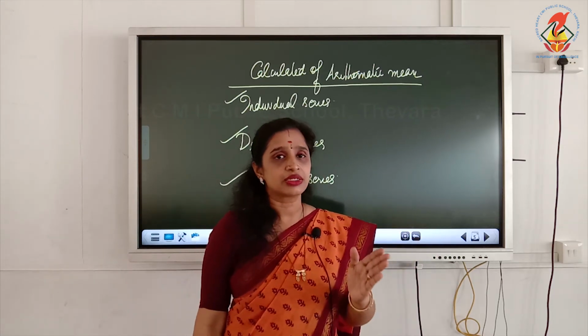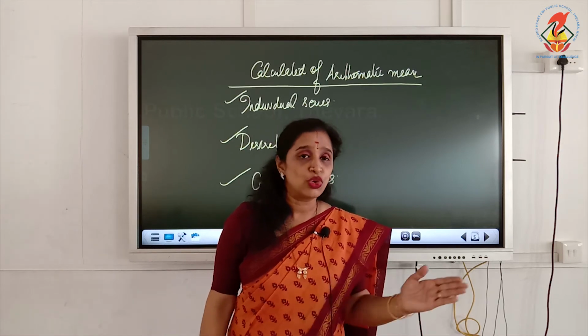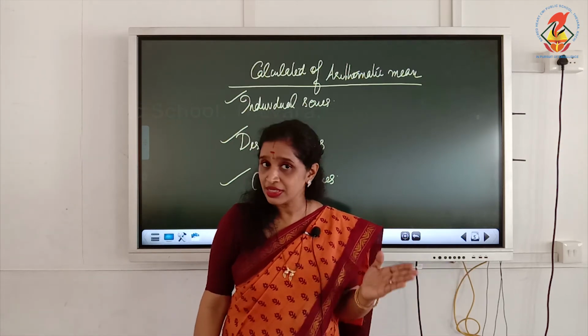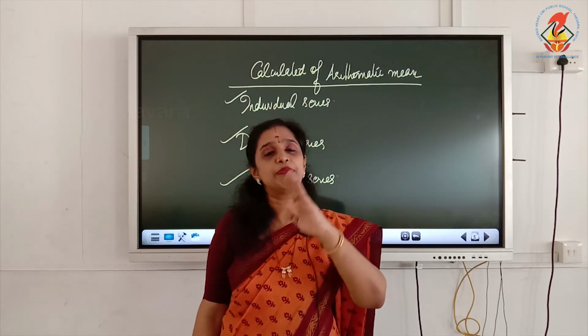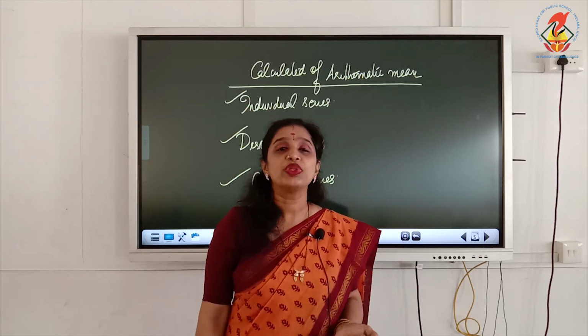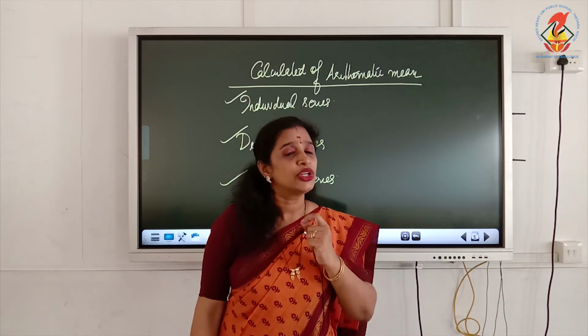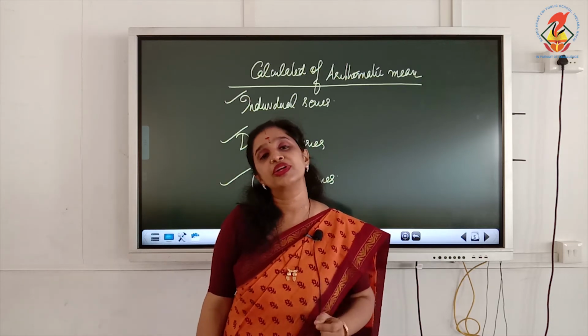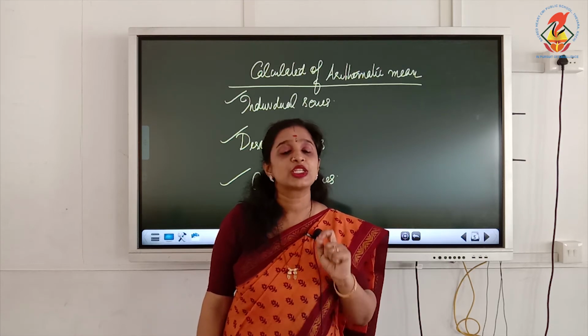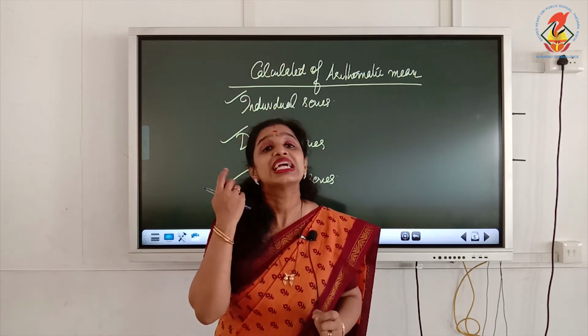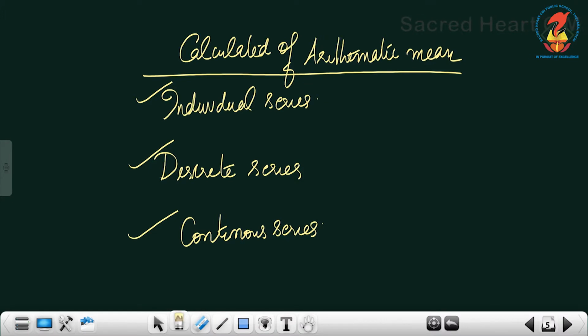Individual series is a type of series where there is no frequency, isn't it? Discrete series, it is a type of series where frequency will be given along with the x values. Then continuous series, what is the feature of continuous series? Frequency will be given along with the x values and x values will be given in the form of class intervals.